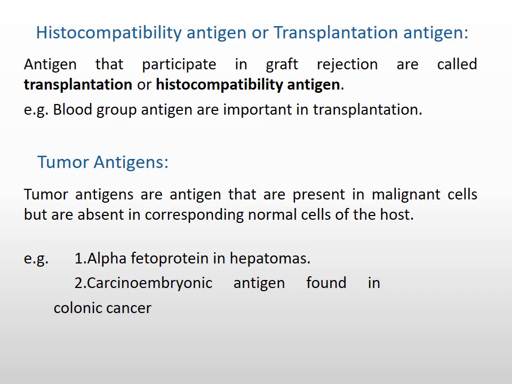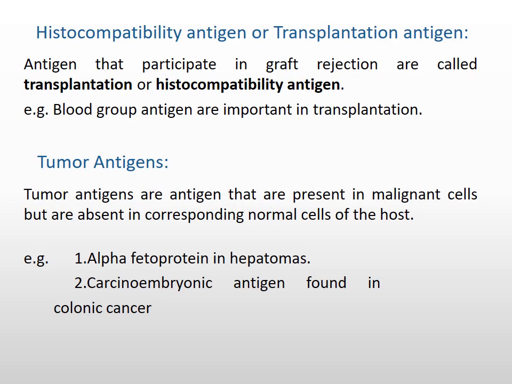Another special type of antigen is tumor antigens. They are very important on medical grounds because they are very helpful for diagnosis of malignancy, since these tumor antigens are present in excess amount or even exclusively in the malignant or carcinogenic cell, whereas they may be absent or present in very minimal quantity in the normal cell.